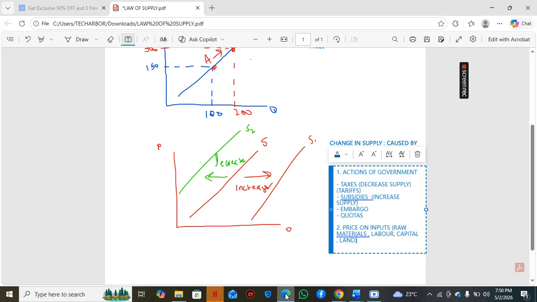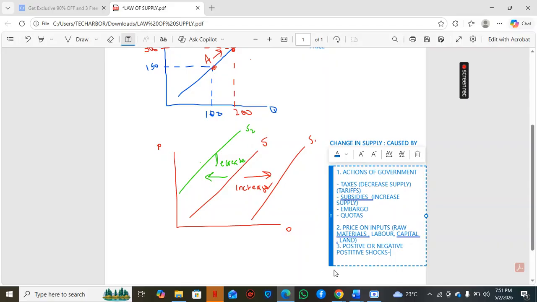Others that you can have are externalities, positive and negative, or shocks, positive or negative. Positive shocks are, for example, good weather, new inventions, new discoveries. New discoveries can help certain industries produce more.